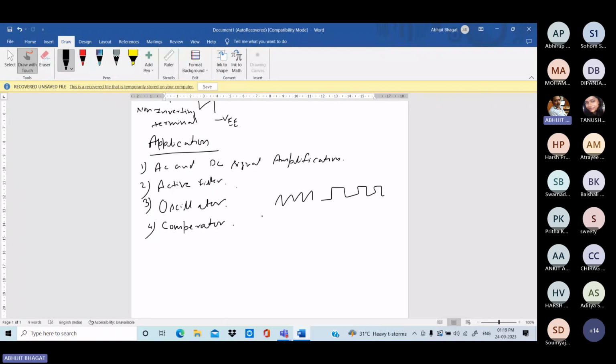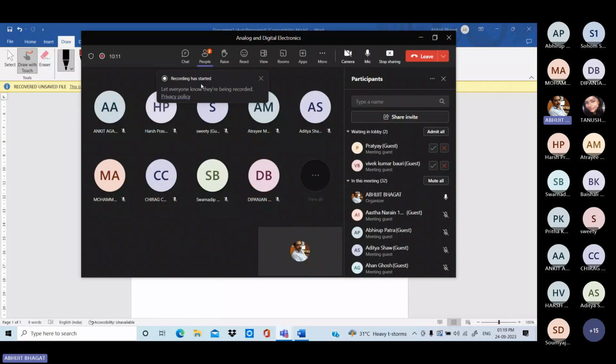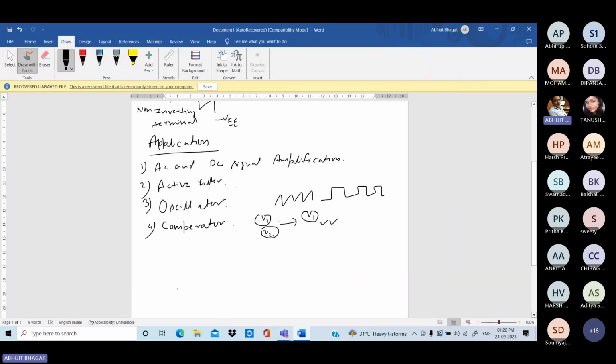Suppose across the input side there are two voltages, V1 and V2, and you want to know which voltage is greater and which one is less. You can compare these two voltages by using the comparator circuit, and depending on the input voltages V1 and V2, the corresponding output waveform is generated across the output, which will decide which one is larger, V1 or V2. This type of comparator circuit is also designed by the help of the op-amp.